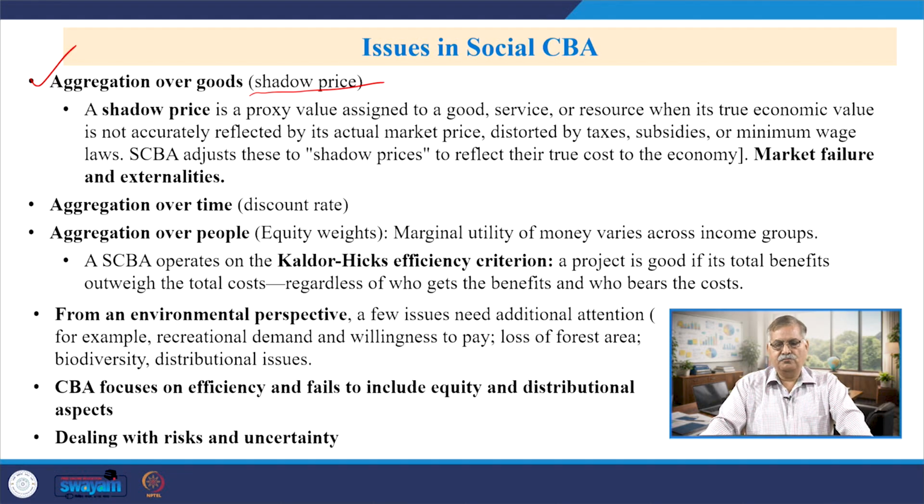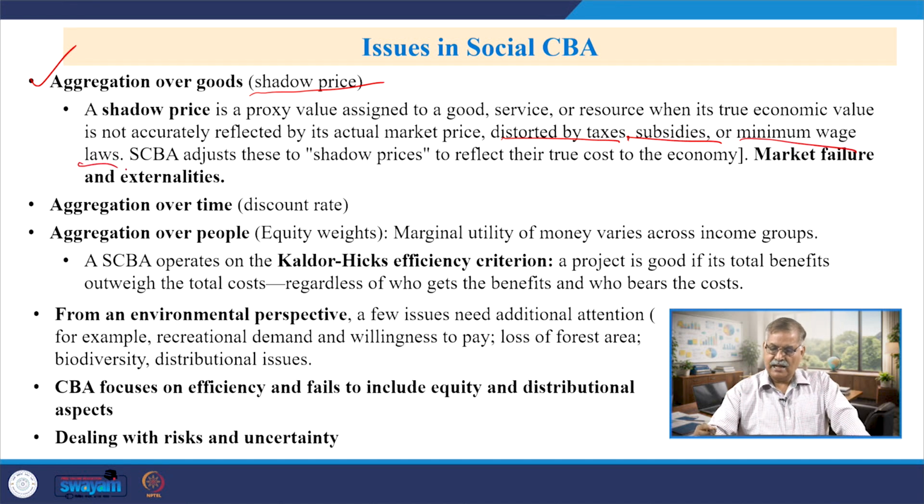So, if the true value of a product, good or resource is not reflected by the economic value determined by the market, then the shadow price method is used. Why is it not reflected? Because the market price is distorted by taxation, subsidies, minimum wage laws.